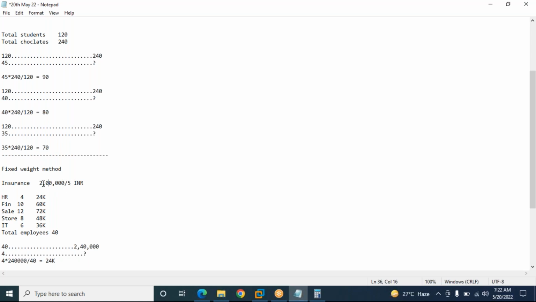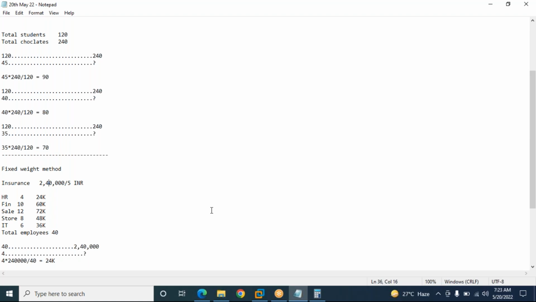Sorry, 2 lakhs divided by 40. Can I keep this one amount? Any confusion to everyone? Or do you want me to modify the amounts because there are too many odd numbers? Is the calculation fine? Yes, it's fine. Because some people have a little fear about mathematics.